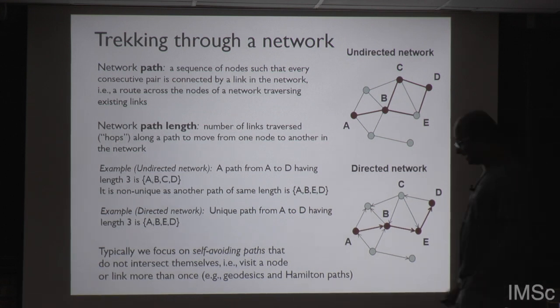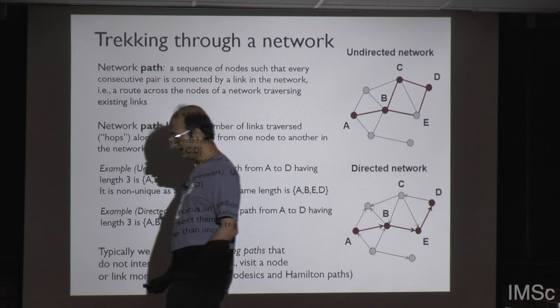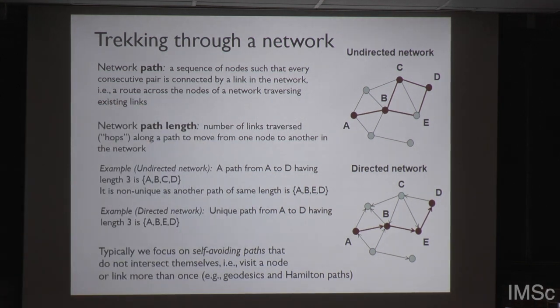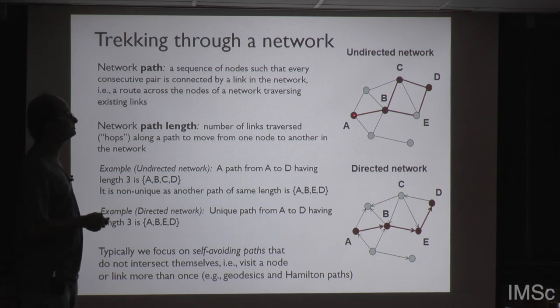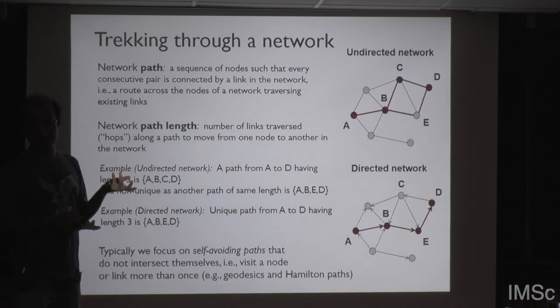Now, I mentioned path length. The reason why often we are extremely interested in questions of path length is because this tells us how quickly the influence or the disturbance in one part of a network can propagate to a different part of the network.